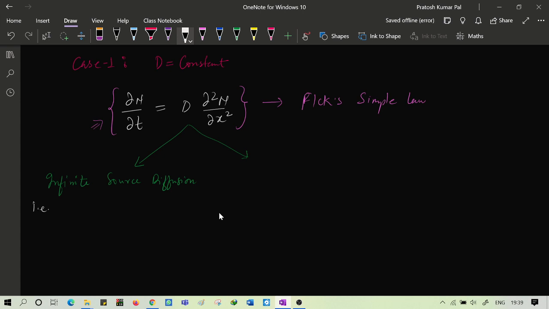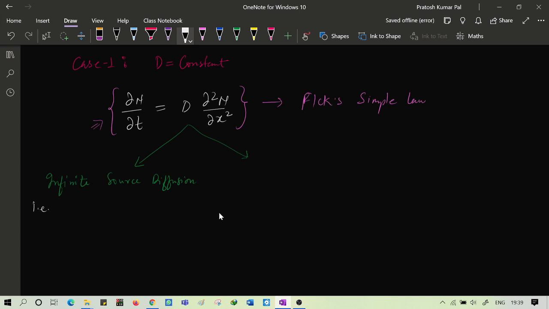This maximum value is governed by the solid solubility limit of the dopant. So the maximum concentration of the dopant at the surface is a maximum value. That's why it is called infinite source diffusion.